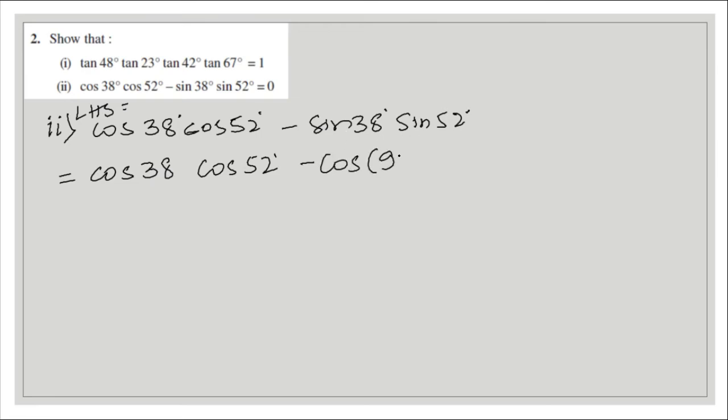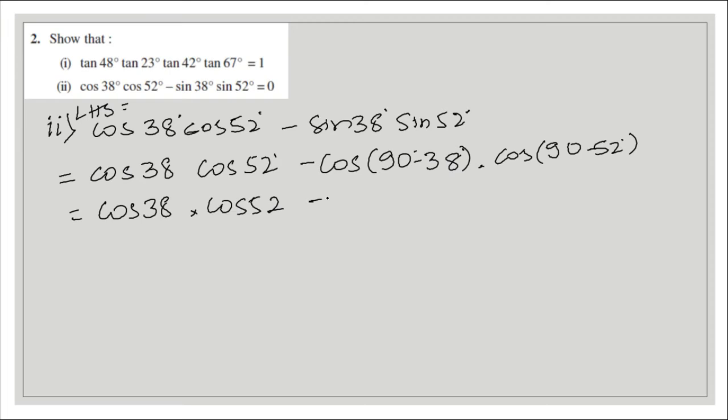So cos 90 minus 38 degree multiplied to cos of 90 minus 52 degree. So cos 38 multiplied to cos 52 minus, the difference of 90 and 38 is 52, so we get cos 52 multiplied to cos 38.